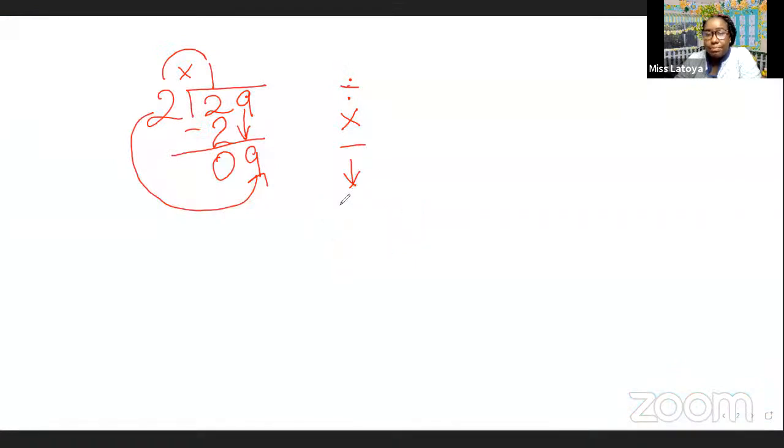So let's do that again. 2, 4, 6, 8. This is as far as we can go. We cannot go to 10. How many fingers do we have up? 1, 2, 3, 4. So that means that 2 can go into 9 4 times.